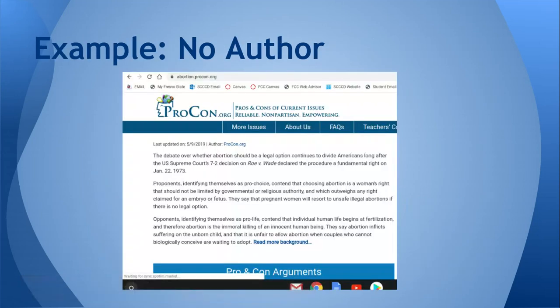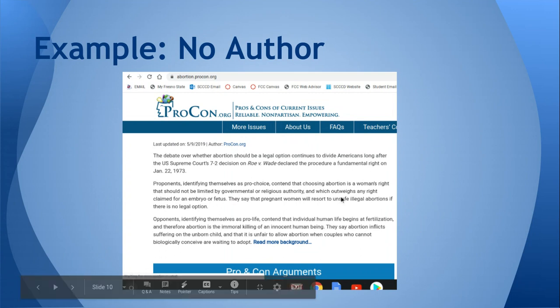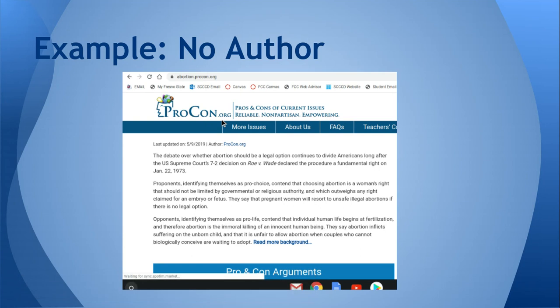So here are some examples of what to look for when things kind of go wrong, and some red flags that might help you see that this is not the best source to use for different things in our class. So this is one example that I get a lot from students, because Pro-Con is one of the places that you can look for information when you're starting to choose a topic for your research paper, for example.